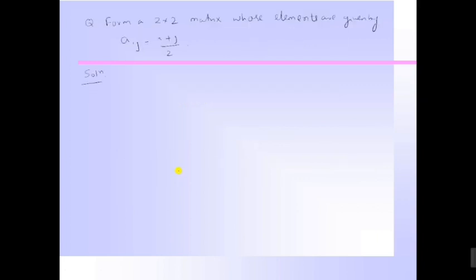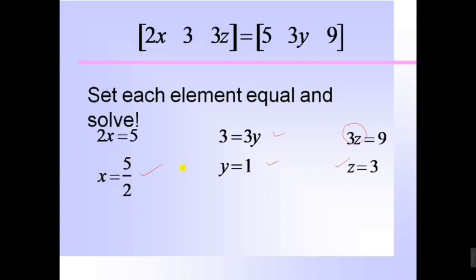Now let me tell you another question. If I ask you to solve for x and y such that x, y, 2 and 3 is equal to 5, 4, 3 and 2, as per my previous definition, don't write x equals 5. Look at these two, all the corresponding elements must be equal.